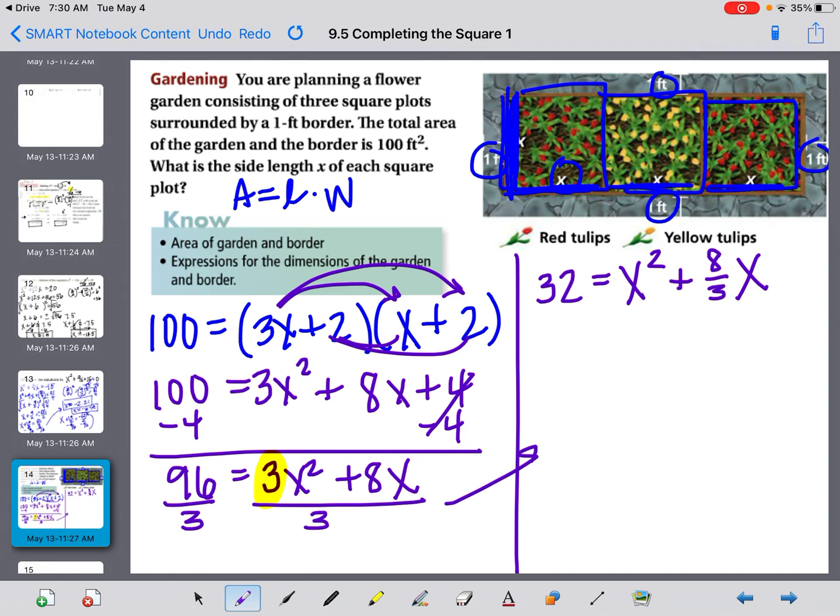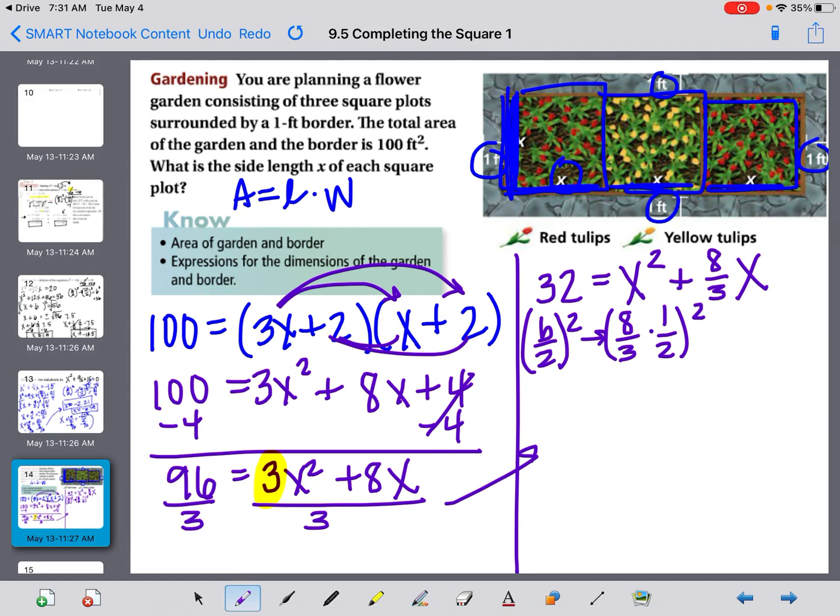Okay, now I can actually complete the square. So this time when I'm doing b over 2 squared, since my b is a fraction, I'm going to have 8 over 3 divided by 2, which is really the same as multiplying by a half, and then square that. So multiplying straight across would give me 8 over 6, which is really 4/3.